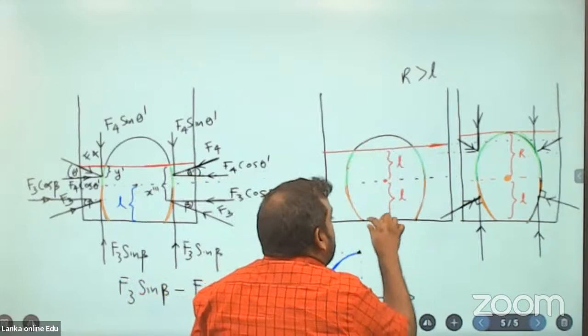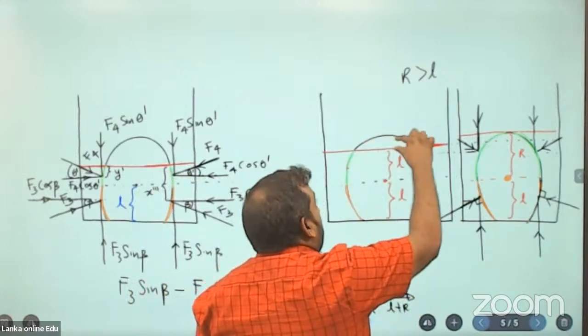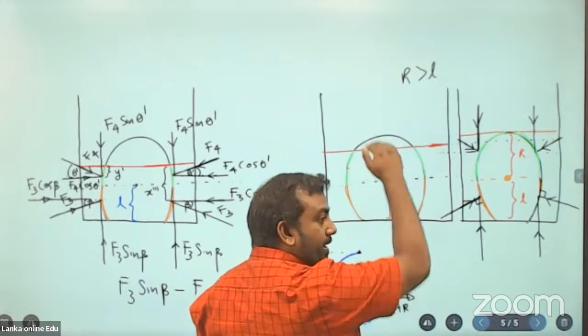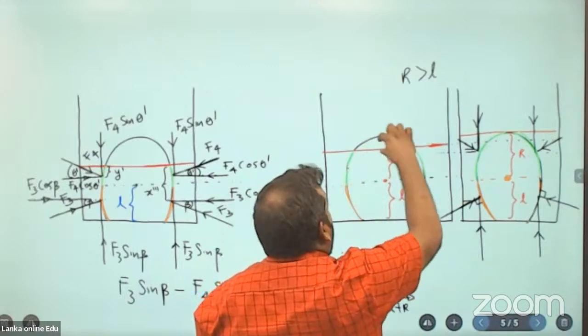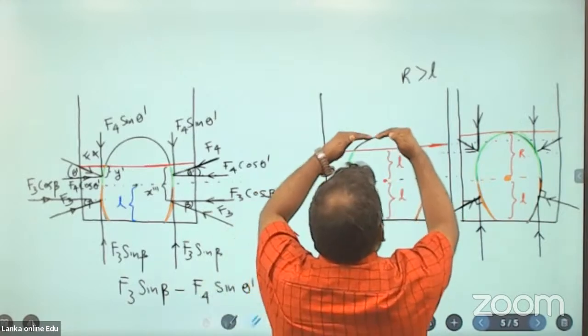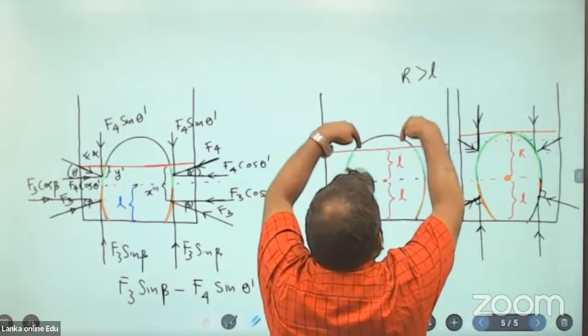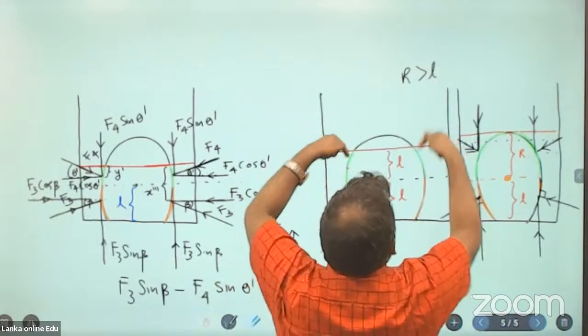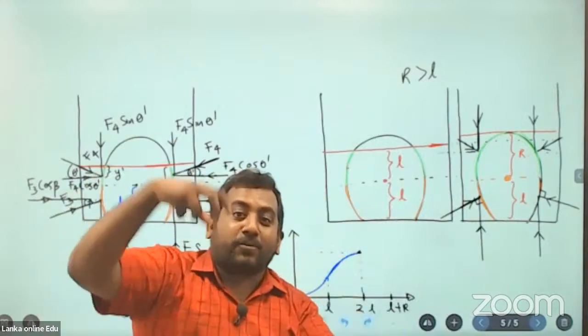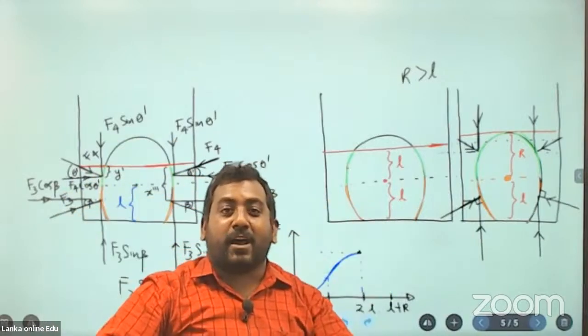Because that part is missing here, no? That part is not here, no? If that part was also there, then we can say up and down are equal. But that part is now not there. So when it goes beyond this, there are more locations for pressure force to act. More locations for pressure force to act means more force acting in the downward direction.